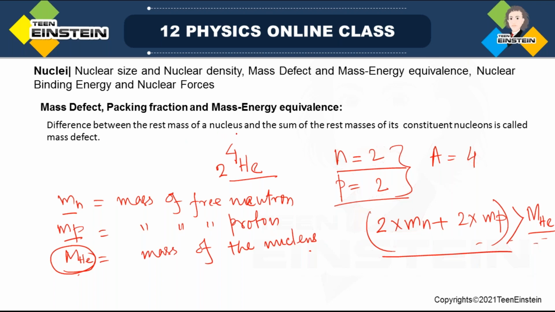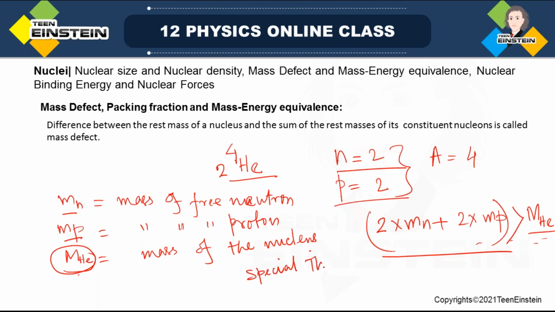You look here, the difference between the rest mass of a nucleus. So rest mass means what? When a nucleus is at rest, in that configuration the mass of the nucleus is called rest mass. In higher classes you will be learning the special theory of relativity.